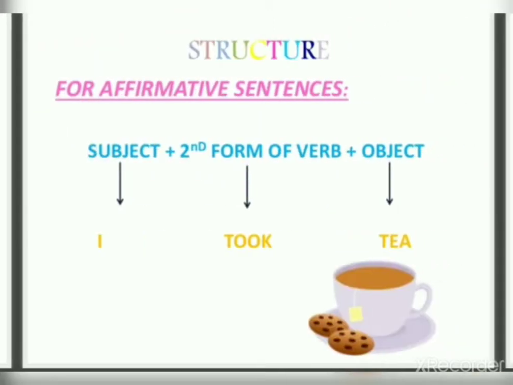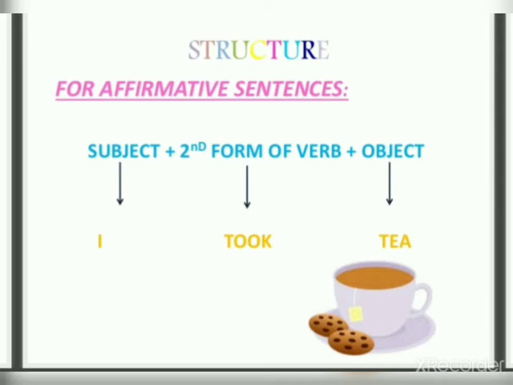Affirmative sentences. Do you know what an affirmative sentence is? An affirmative sentence is also called an assertive sentence, simple sentence, or statement. It has a specific structure: subject, second form of verb, and object. If you have a subject, the second form of the verb, and an object, you can make so many sentences of simple past tense.